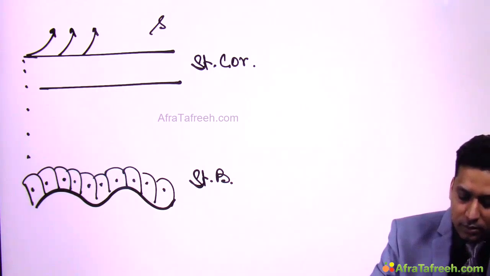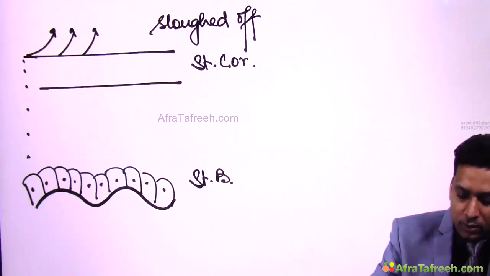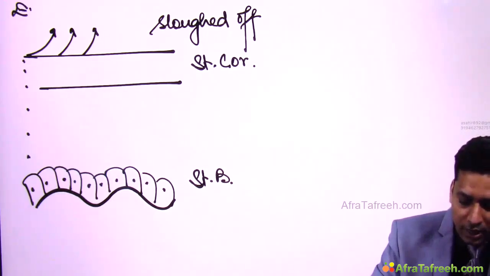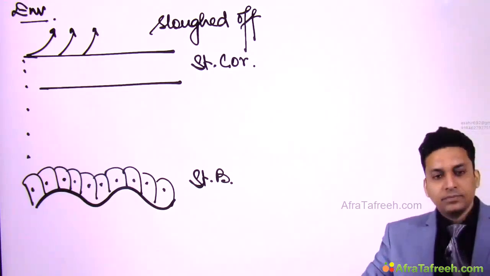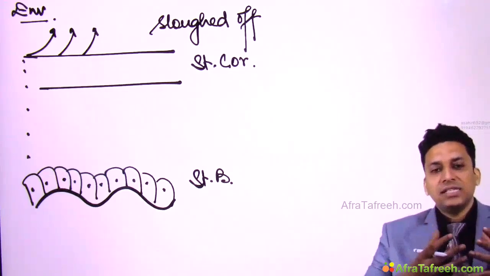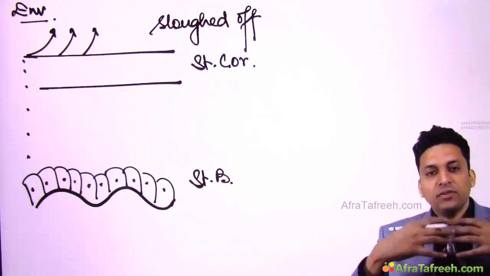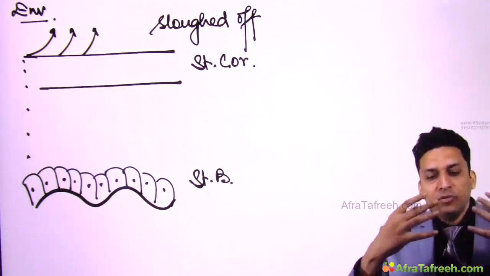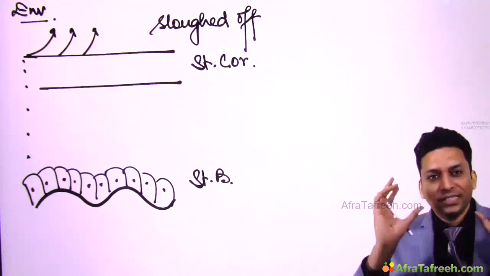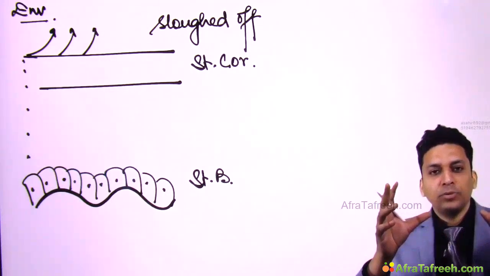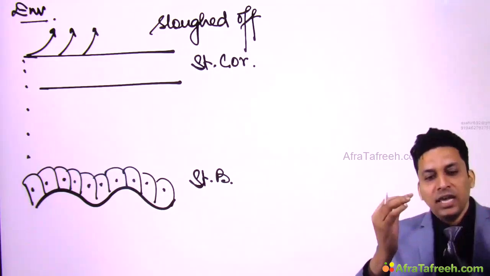So finally, they are sloughed off in the environment, isn't it? So what is the destiny of these cells? These cells start proliferating from stratum basale, they keep on moving upwards, they cross all the layers, they reach stratum corneum, and finally from the topmost layer of stratum corneum, they slough off in the environment.